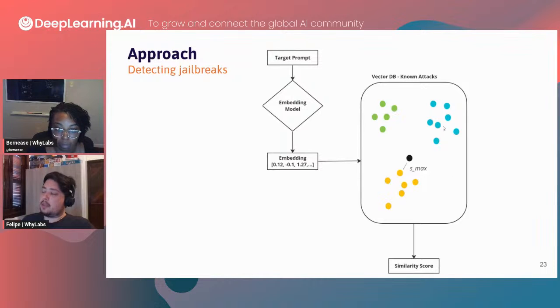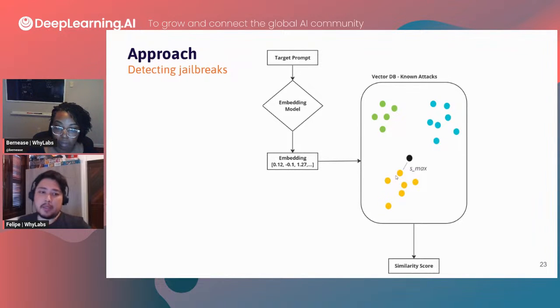The final similarity score is the maximum score found in these calculations. The idea is that if the value exceeds a defined threshold, then there must be at least one known prompt injection attack that is very similar to the prompt that you're evaluating.